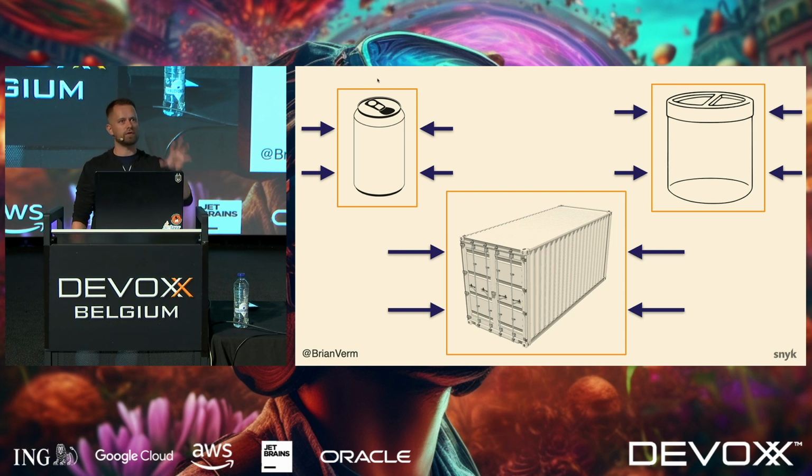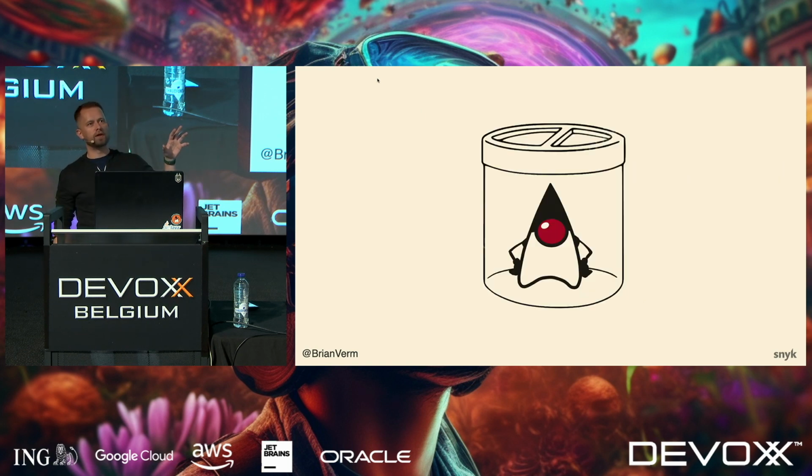So let's take our Java application and put that in a container. Ah, poor JUG, it's airtight. However, we want to make sure that it is still alive, and that your Java application is actually doing something. So it's not just a boundary with the outside world.